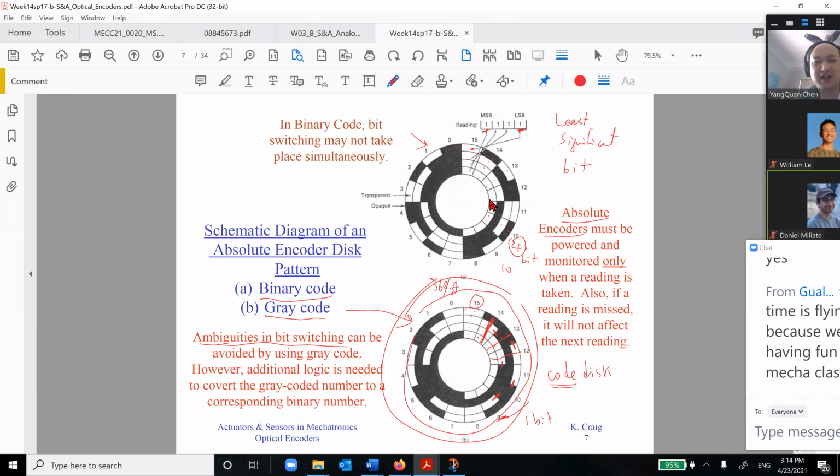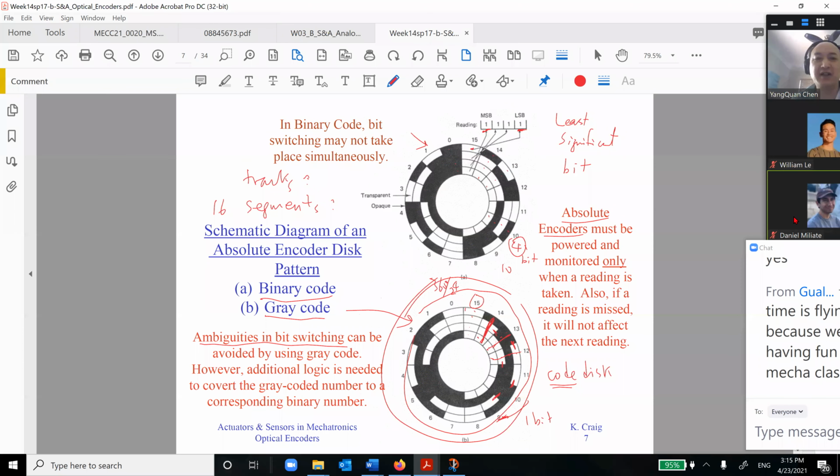So a concentric ring is a track. So how many tracks? And a segment for each track. For our case, we have 16 segments, okay? 16 segments in our case.